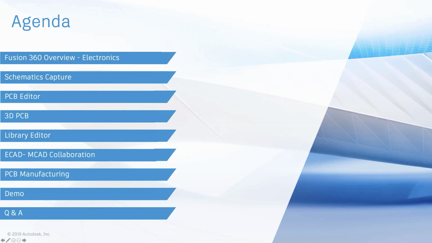We're going to do an overview of the library editor, and the workflows for ECAD, MCAD, and PCB manufacturing. And I'm going to go live with Fusion 360 and do a short presentation of how to access the electronics and some of the design capabilities live. That way you can do them as well. And at the end, we'll do a Q&A session. So leave your questions for the end, or you could ask them throughout the presentation, but I'll go ahead and address them at the end if you don't mind, okay?